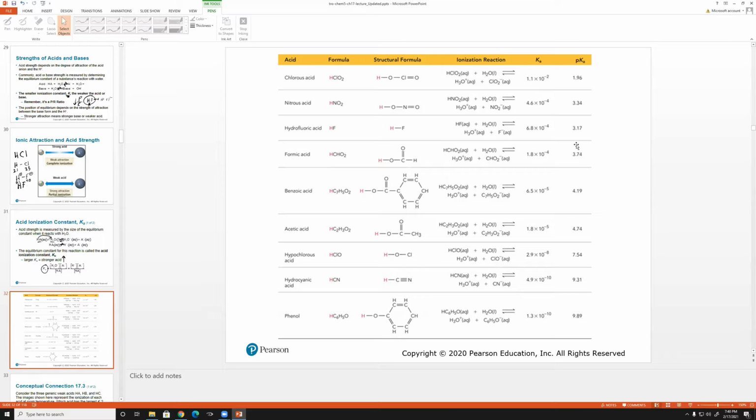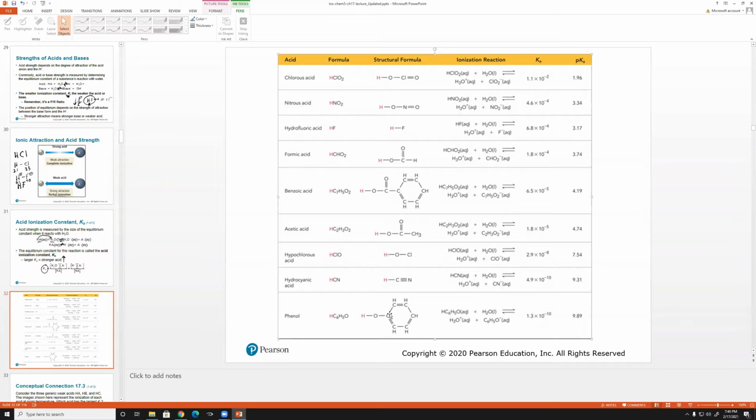So if you have a small Ka, the expression, the products over reactants, is low. That means it's going to be a weak acid. So Ka is low, weak acid.